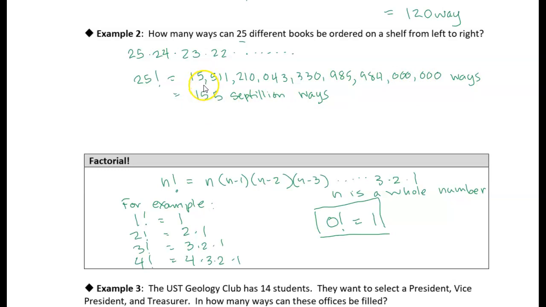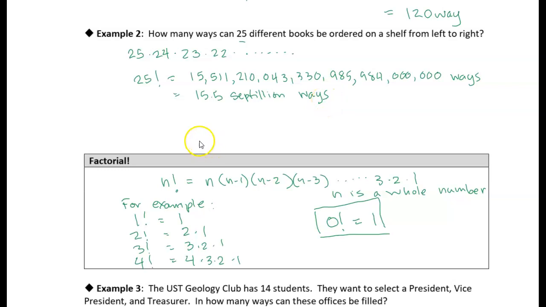It's 15 septillion, 511 sextillion, 210 quintillion, 43 quadrillion, 330 trillion, 985 billion, 984 million, and that's it. So it's a big number. So about 15.5 septillion ways.